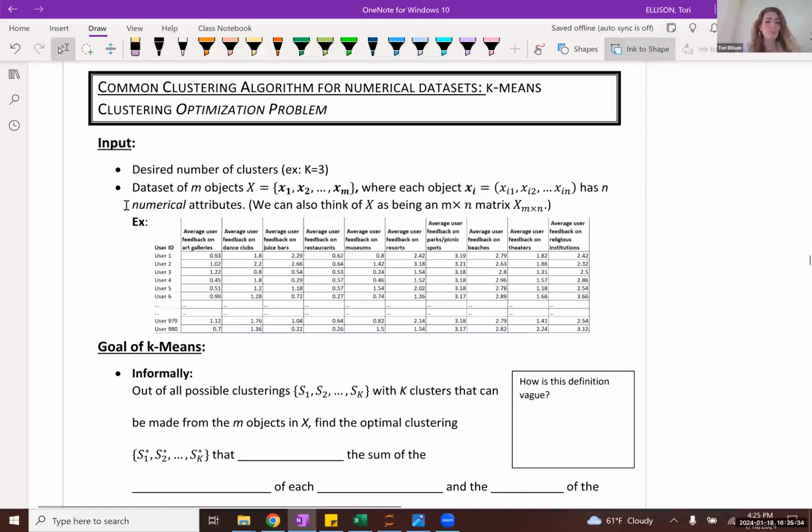First, you need a set of numerical variables. That is a key important element here. Your data set should be tabular, comprised of m observations with n attributes, all numerical. Furthermore, you need to think ahead of time about what number of clusters you would like to cluster your data set into.